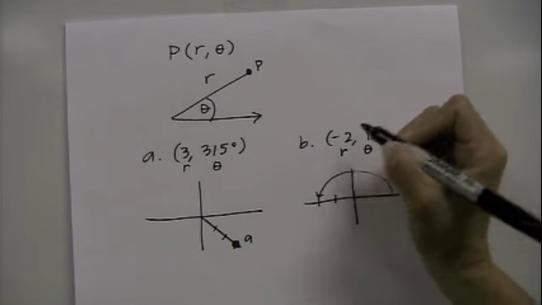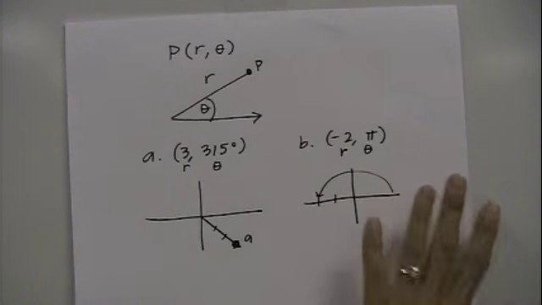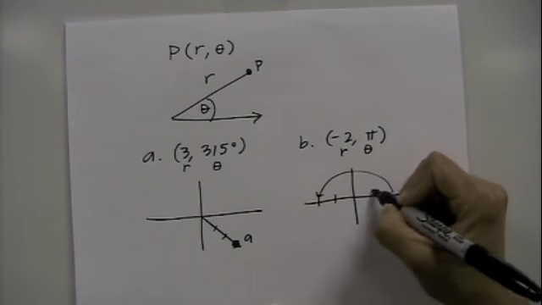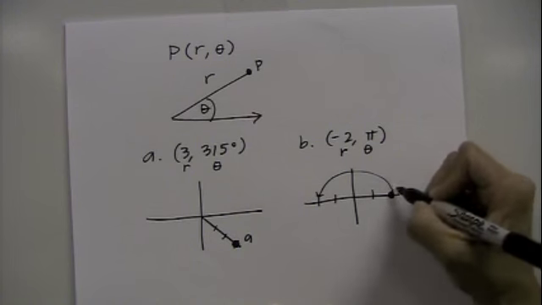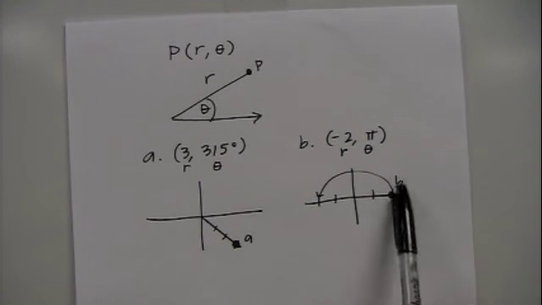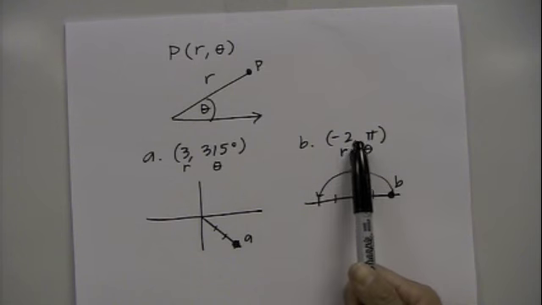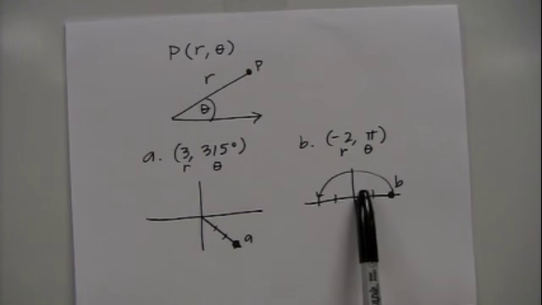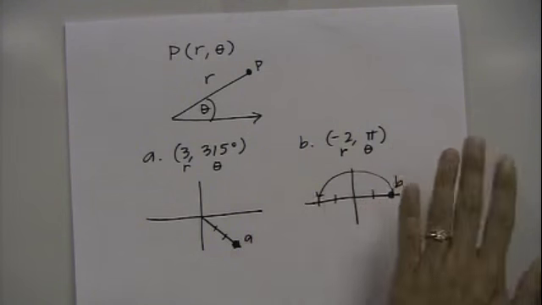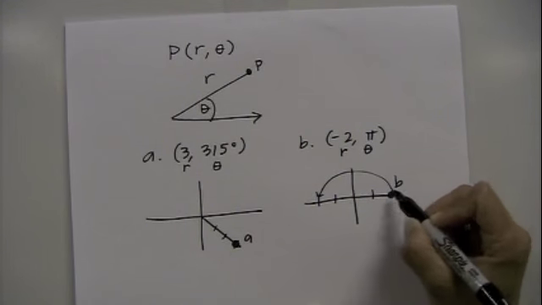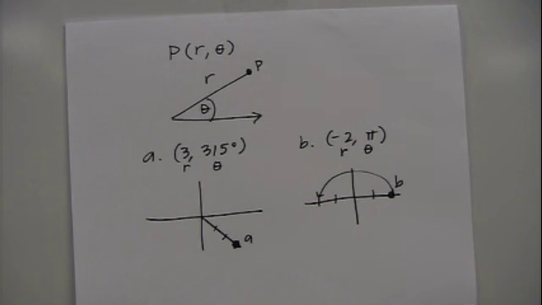However, because it's a -2, we're actually going to reflect it back in the other direction, 2. So it actually gives us this point right here. So that's going to be our point B. So again, we rotate pi, and then r tells us how far to go out. And so if we went out +2, it would put us there, but because it's a -2, again, you're going to reflect it back in the opposite direction to become that point right there.